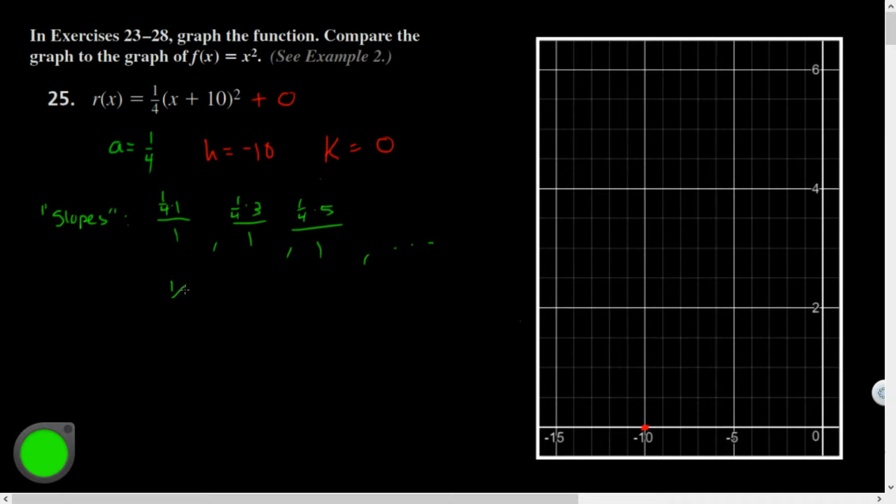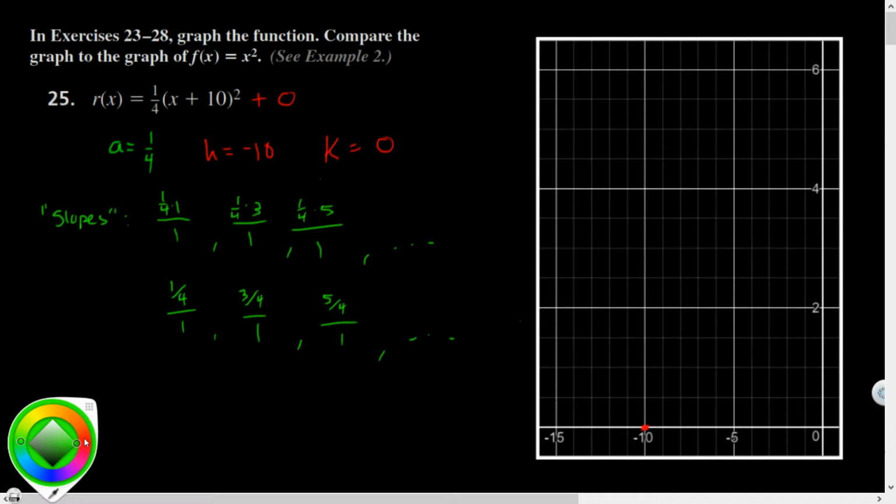So 1/4 over 1, 3/4 over 1, and 5/4 over 1. I'm intentionally not reducing these fractions anymore, because this is my rise, this is my run. And if it was a line, I could reduce these fractions and it would work. But for slopes, no, it does not.